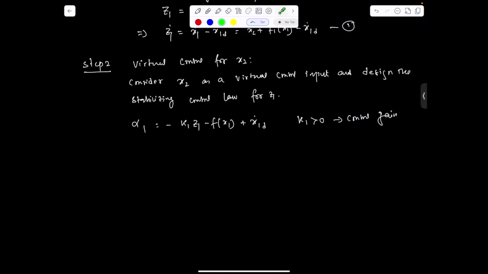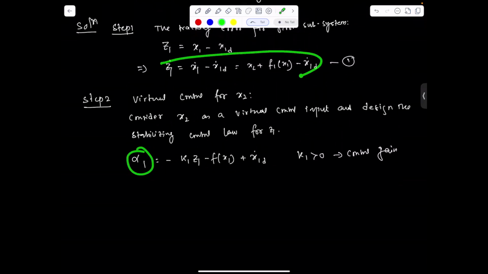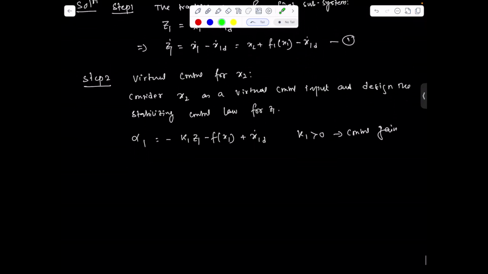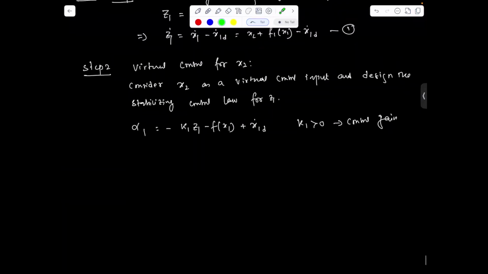If you notice carefully, if you substitute this function alpha 1 in our G1 dynamics in place of X2, then the G1 dynamics will be a stabilizing, asymptotically stable function. So we will prove this through Lyapunov.